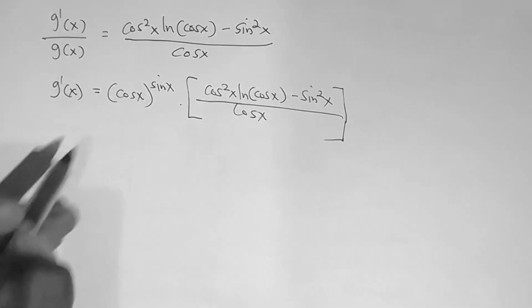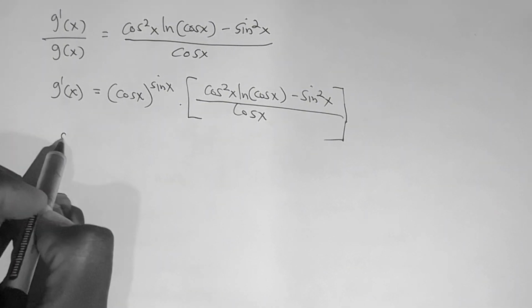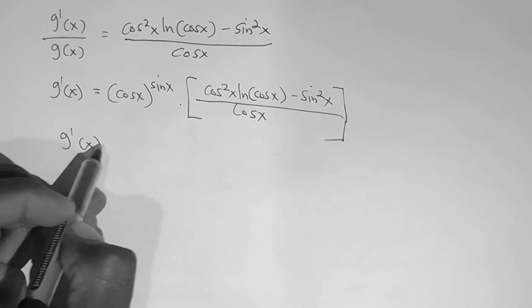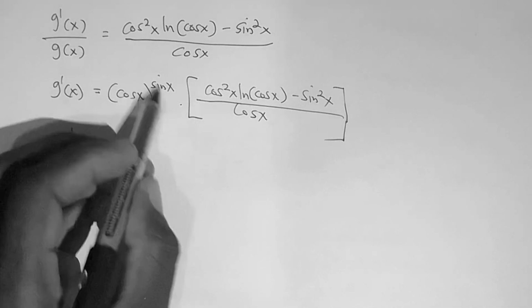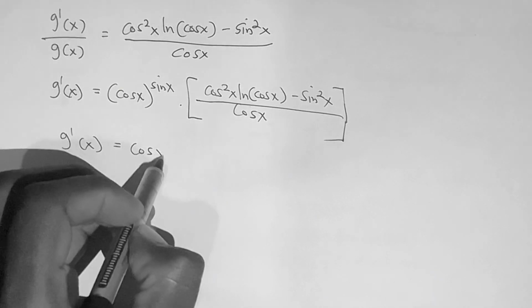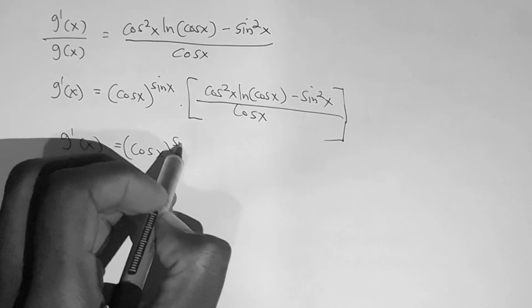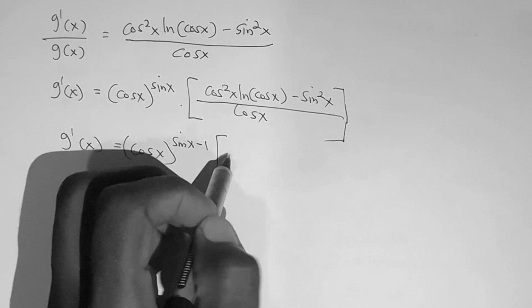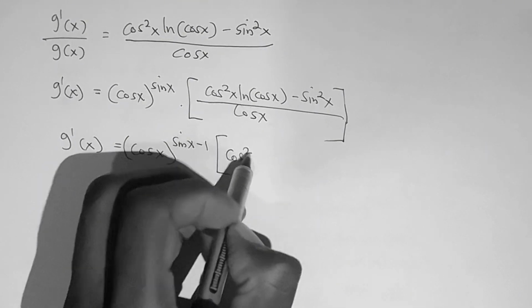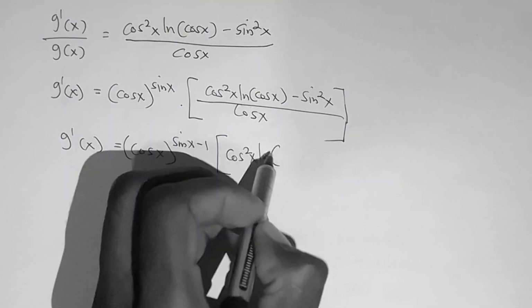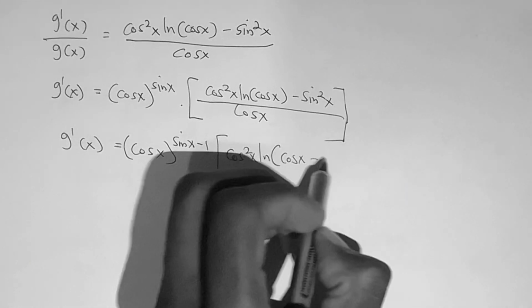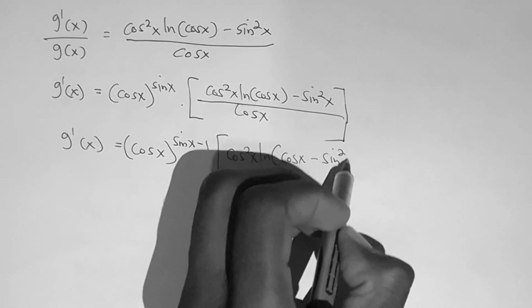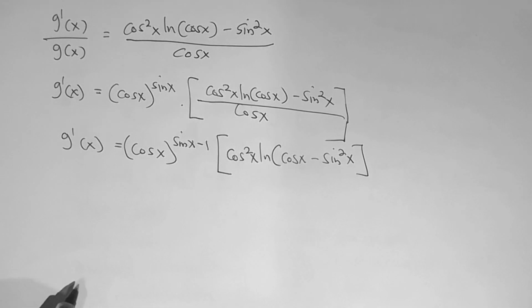So continuing from here, g prime of x is equal to, you see there's cos x here, so it becomes cos x, all exponent sine x minus 1, all of that times cos squared x ln into bracket cos x minus sine squared x, bracket close.